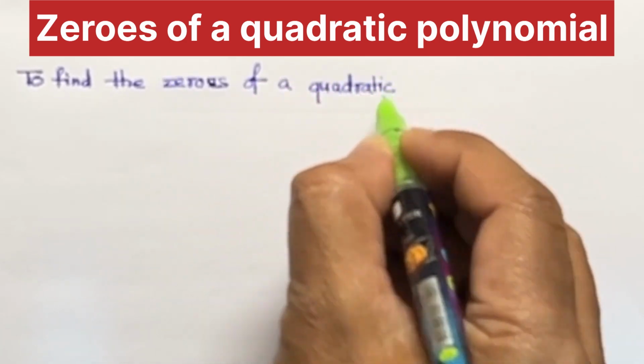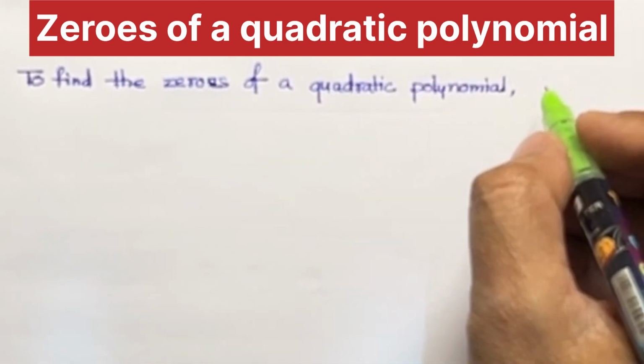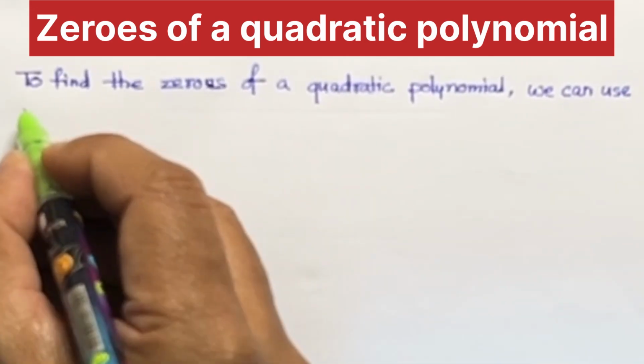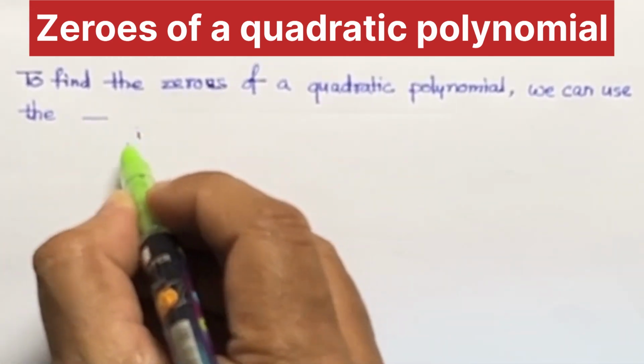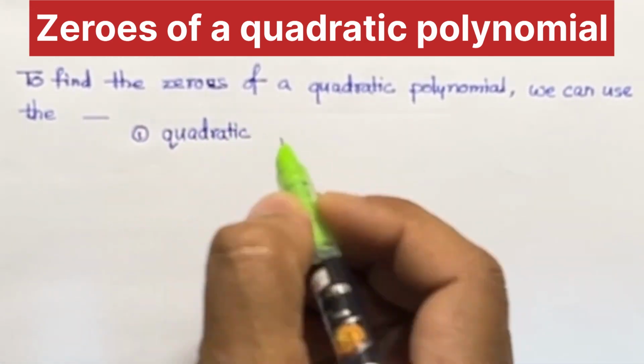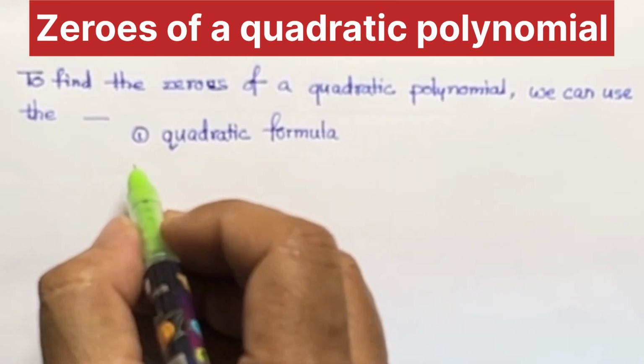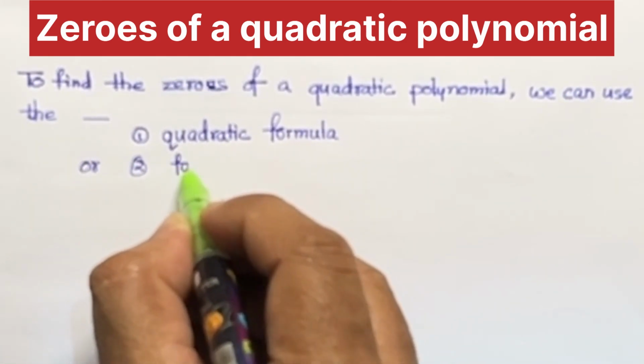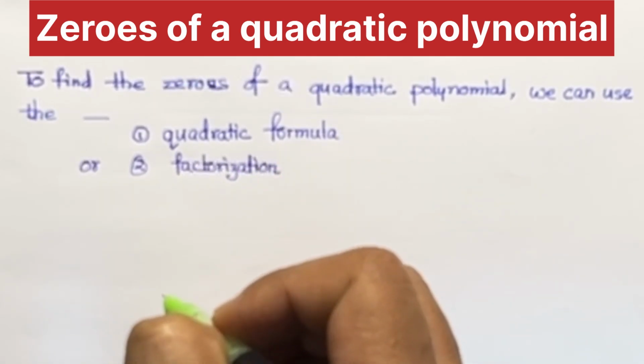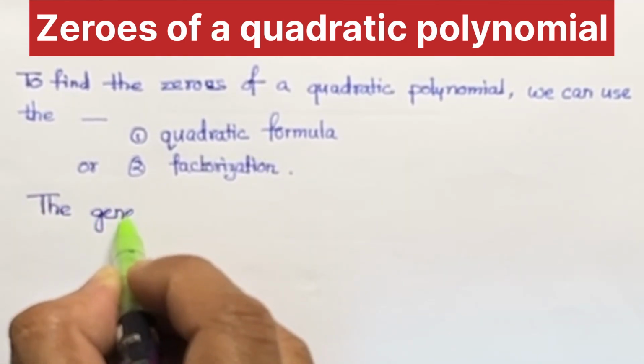To find the zeros of a quadratic polynomial, we can use two methods. Number one, a quadratic formula, or number two, factorization method.